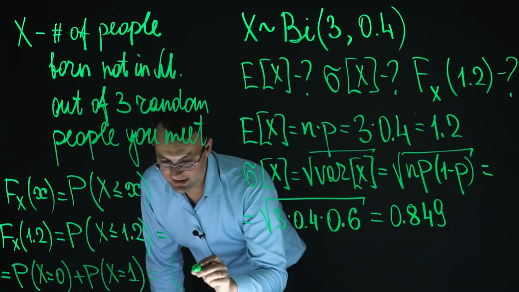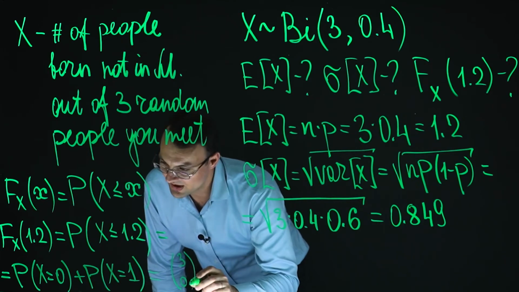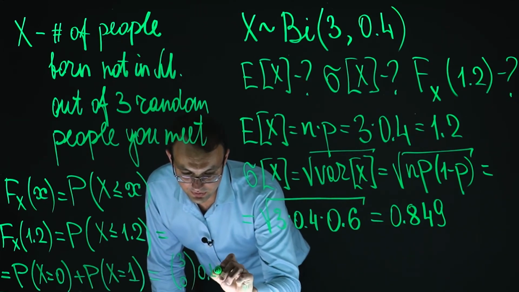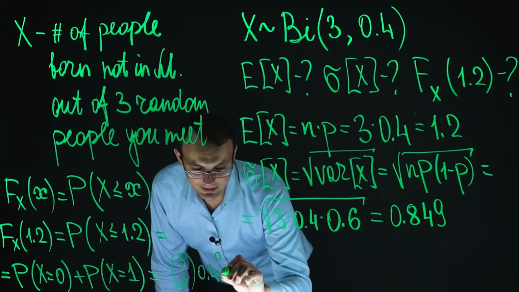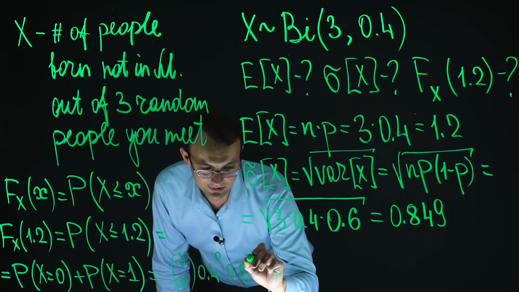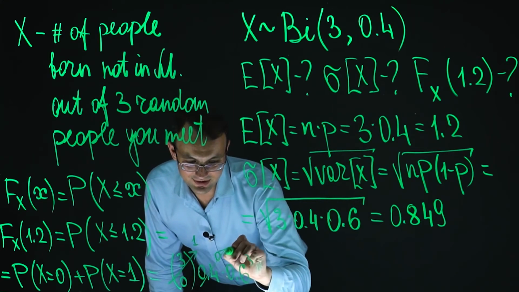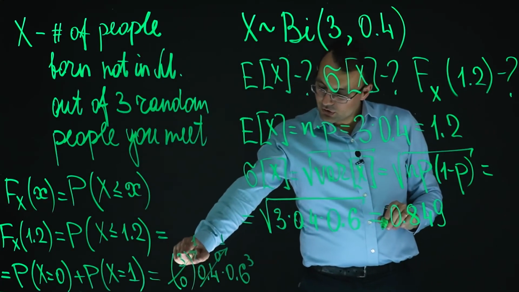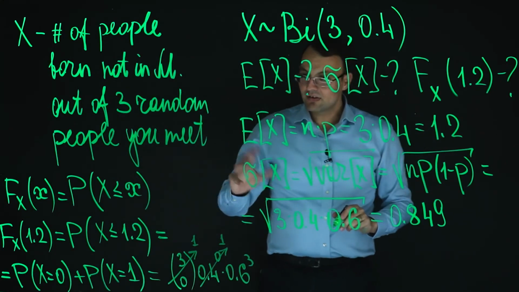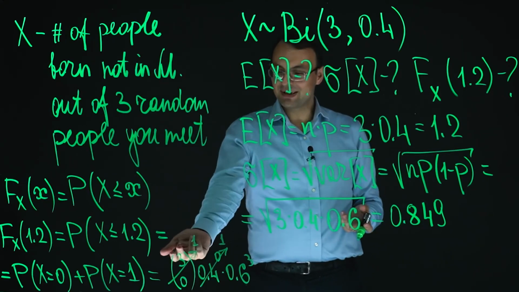So formally, in this case, we have 3 choose 0 times 0.4 to the power of 0 times 0.6 to the power of 3. Actually, this is 1, and this is also 1. 3 choose 0 is the number of ways to choose nothing out of 3.